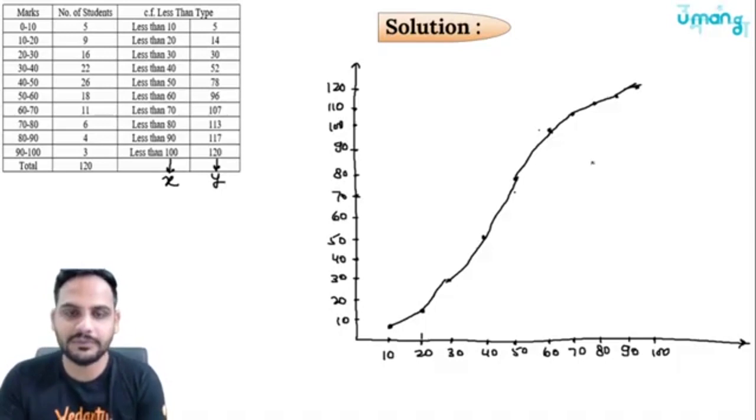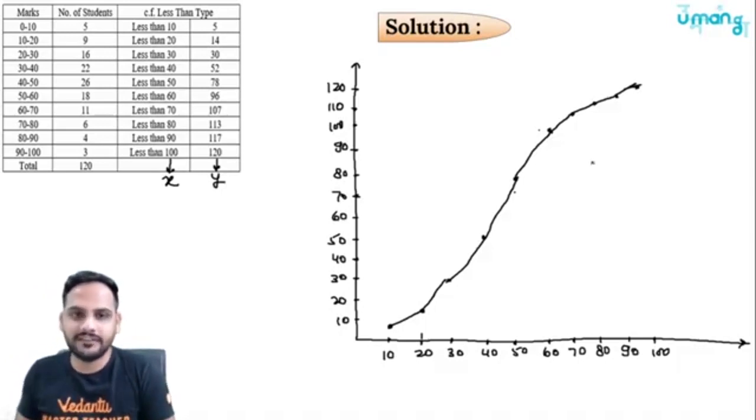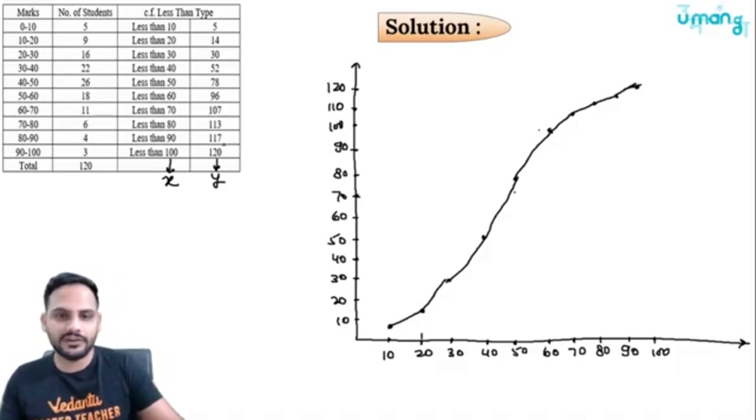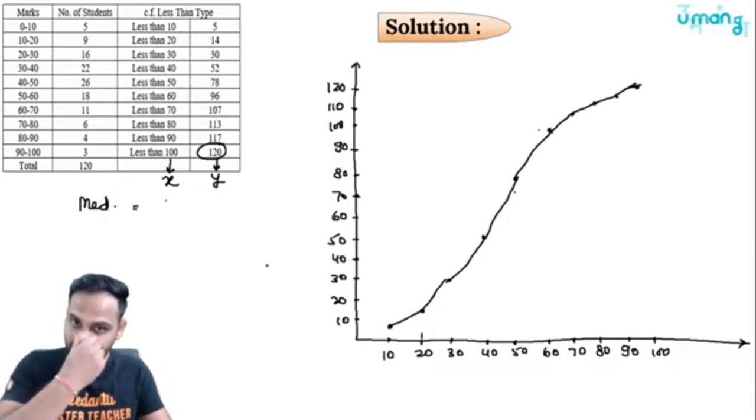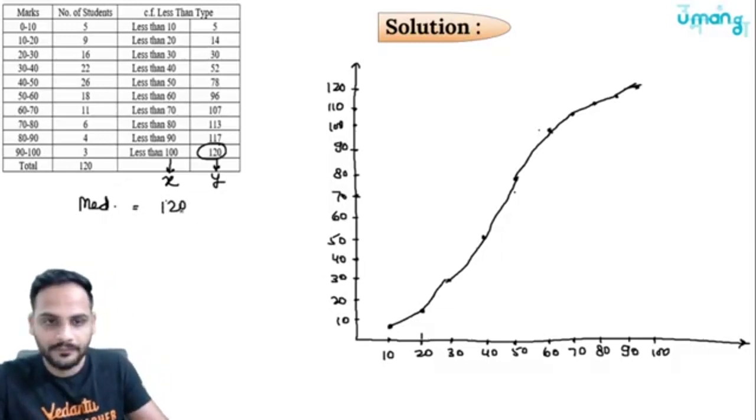So I can say very well, sir, how many observations I have? Total frequency is 120. So median, if the number of frequency is even, divide by 2, right? So the median will be equal to divide this 120 by 2. So you are getting 60.